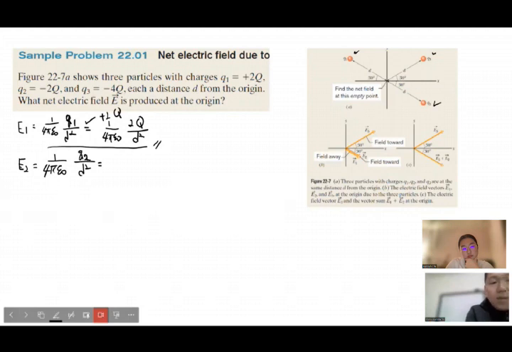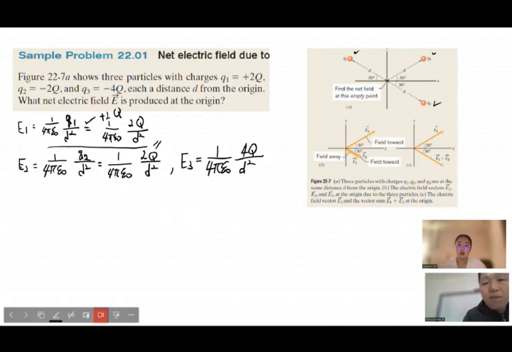Here Q2 has the negative sign, minus 2Q, so the magnitude itself is 2Q, basically 1 over 4 pi epsilon naught times 2Q over d squared. And Q3 is the same, with the same Coulomb's law you just apply. So for Q3 it is 1 over 4 pi epsilon naught times 4Q over d squared.